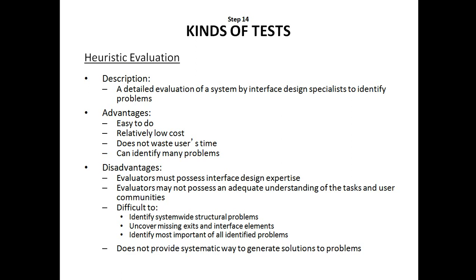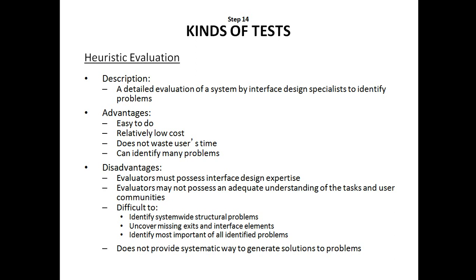The next one is heuristic evaluation. A heuristic evaluation is a detailed evaluation of the system by interface design specialists to identify problems. In heuristic evaluation, we have an interface specialist with vast experience in that field.